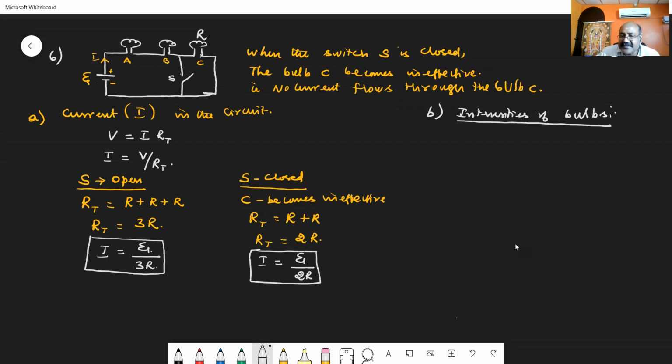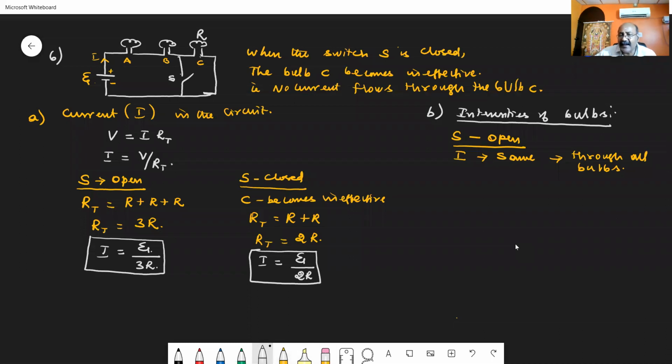When you are considering the switch S open, the current I passing through all the bulbs is the same, and all the bulbs have the same resistance.